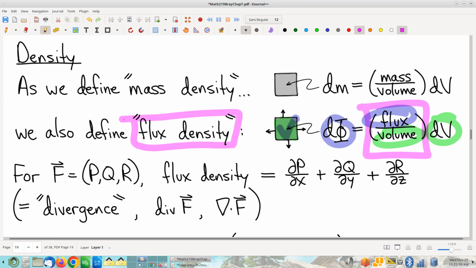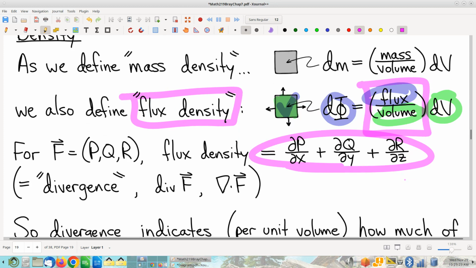So flux density is going to be the tool that we use to compute the accumulating quantity of flux, just like mass density is the density that we use to compute the accumulating quantity called mass, right? Structurally, it's the same thing.